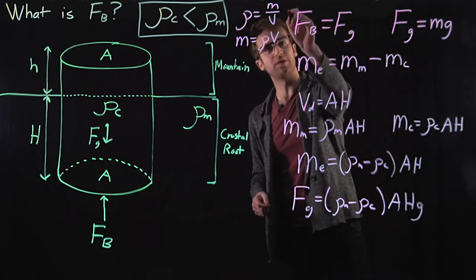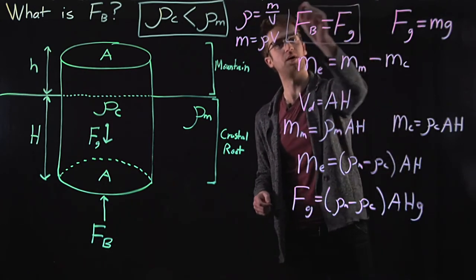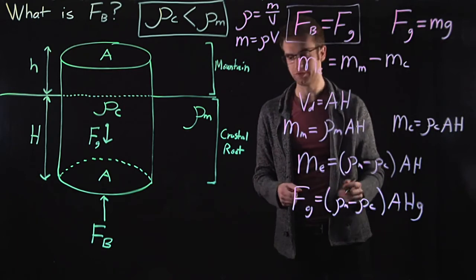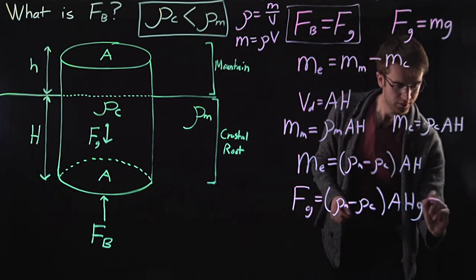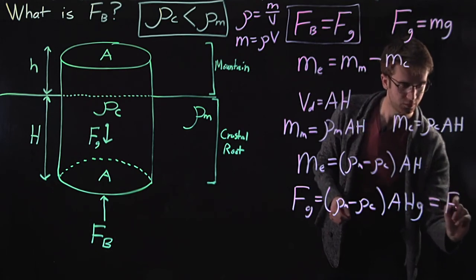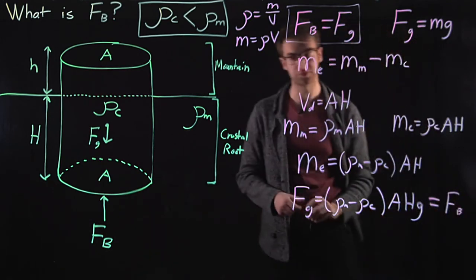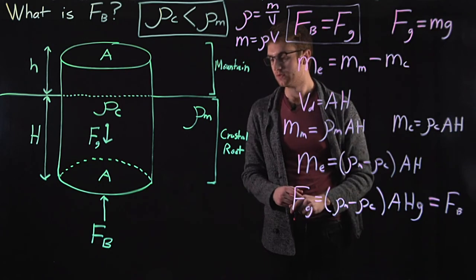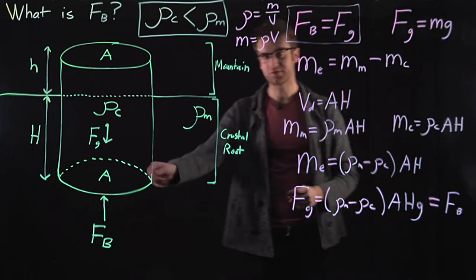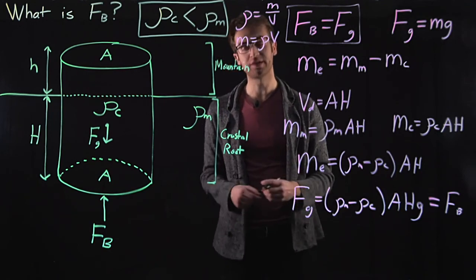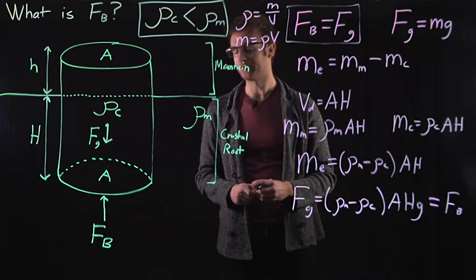And because we have this force balance up here, we now know the buoyant force on the crustal root. It's just equal to this gravitational force. So we've calculated the buoyant force acting on a crustal root in isostatic equilibrium with the surrounding mantle.